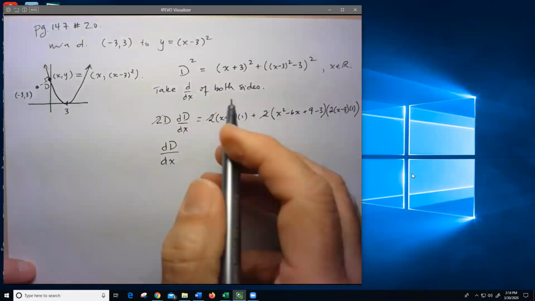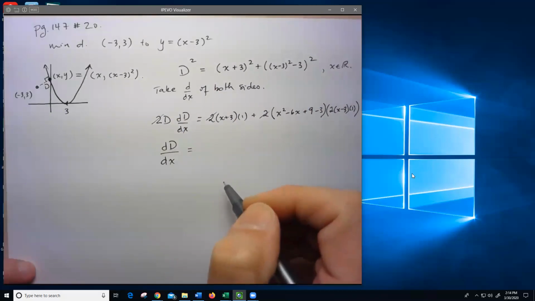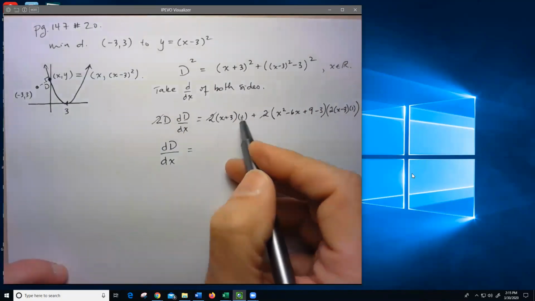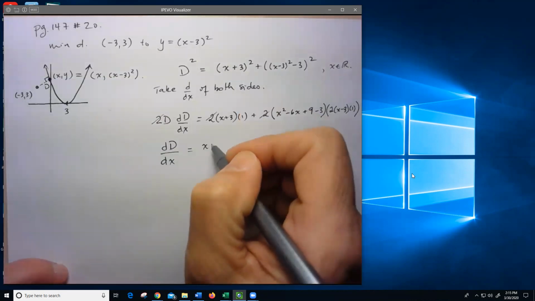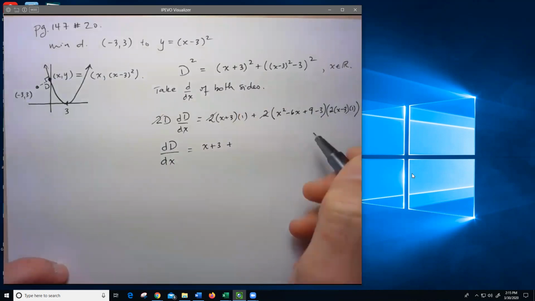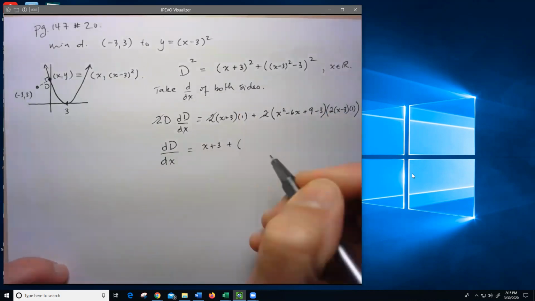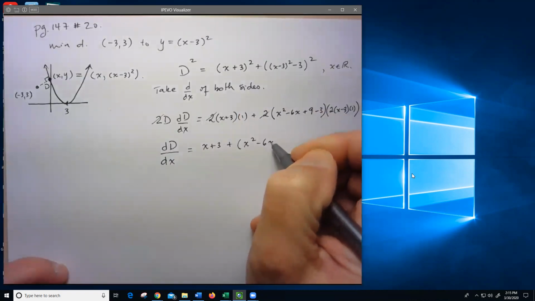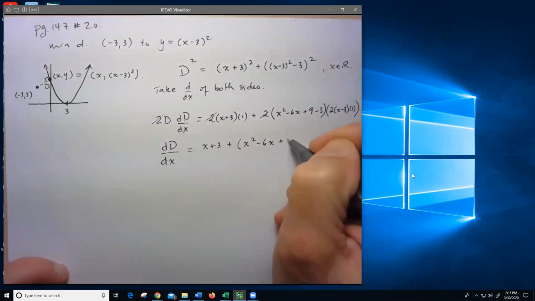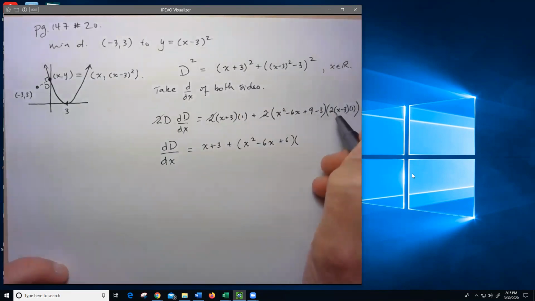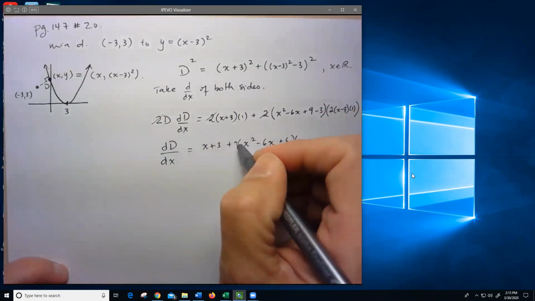So let's start simplifying. So if you can please keep an eye on my algebra here. So here I'm just left with x plus 3. That's nice and easy. Okay, plus. Now let's see what we're left with here. So I'm going to take my time and write this out carefully here. x squared minus 6x plus 9 minus 3 is 6, and I'm multiplying that by, so this 2 here, I might as well just put it on the outside.